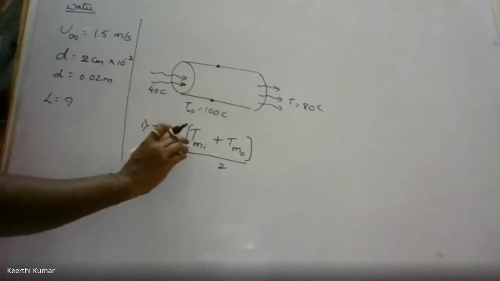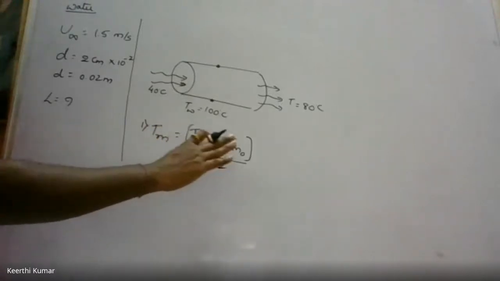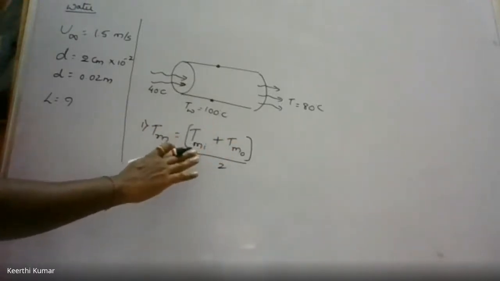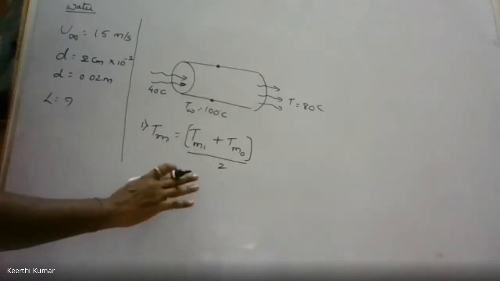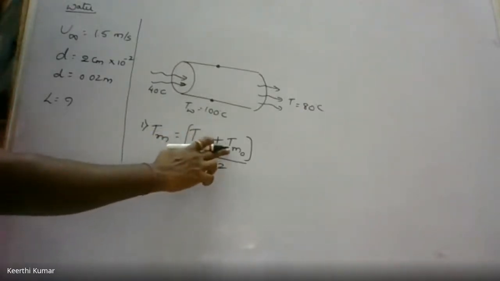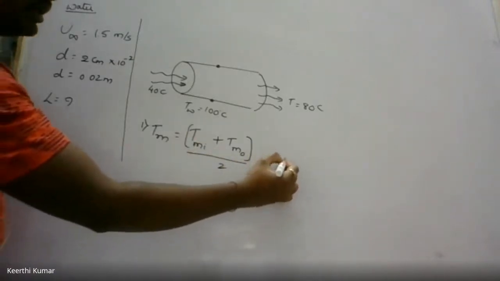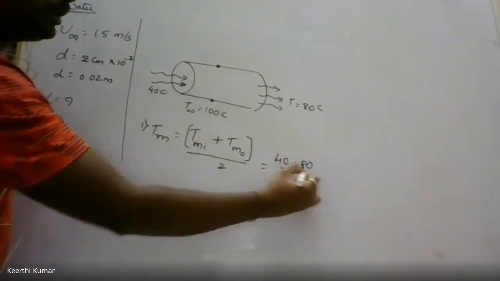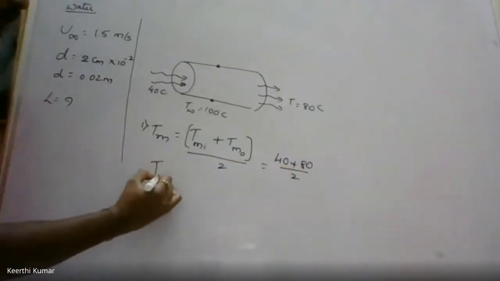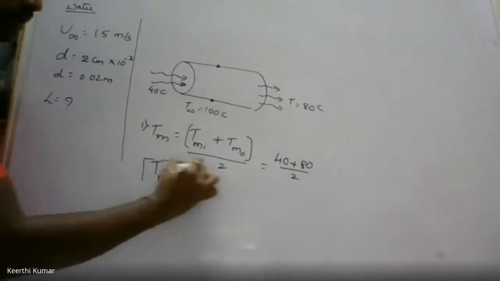So here we are nowhere concentrating on the temperature of the wall. We are concentrating on the temperature of the fluid to find out the properties. Inlet fluid temperature plus outlet fluid temperature by 2. So what is this? 40 plus 80 by 2. So how much is the bulk mean temperature, Tm?